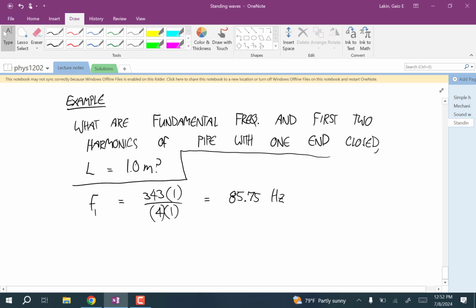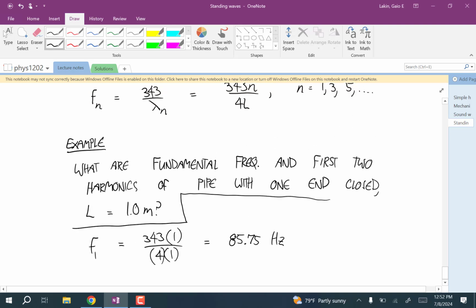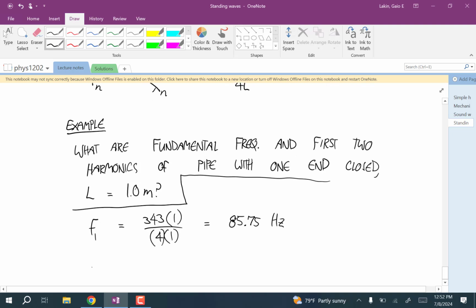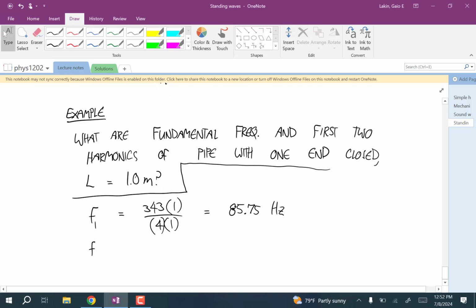Now for the first two harmonics, you're just going to use n equals 3 and n equals 5. And so the frequency with n equals 3 is 343 times 3 divided by 4 times 1.